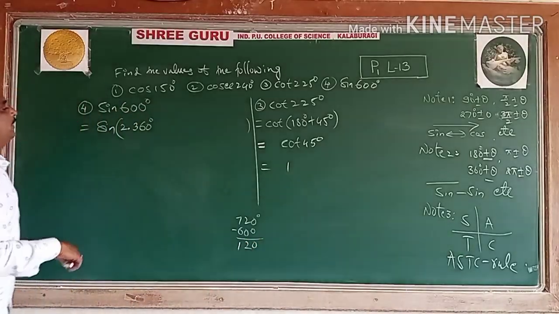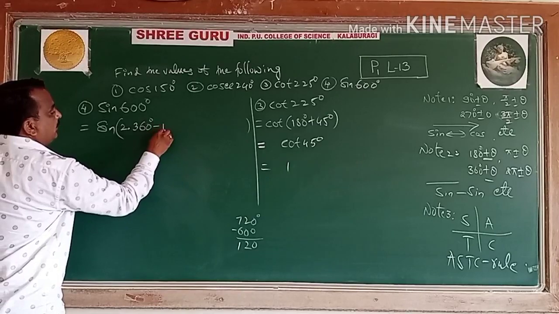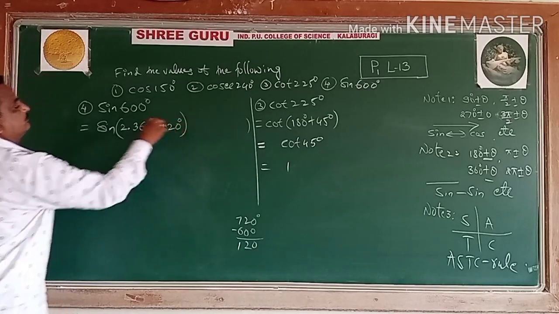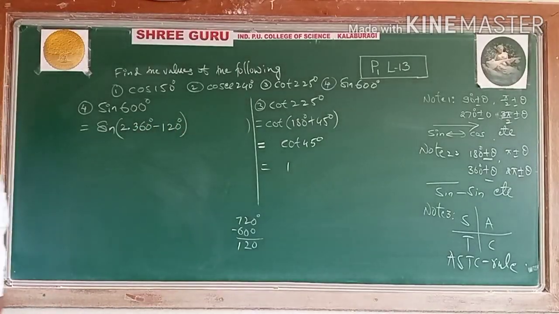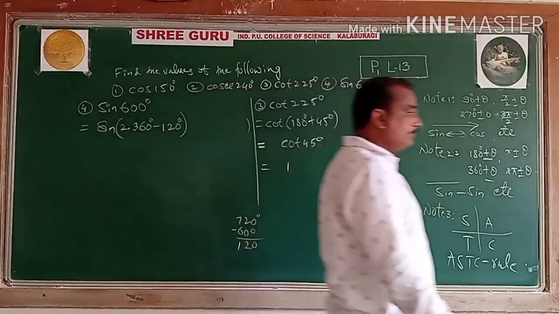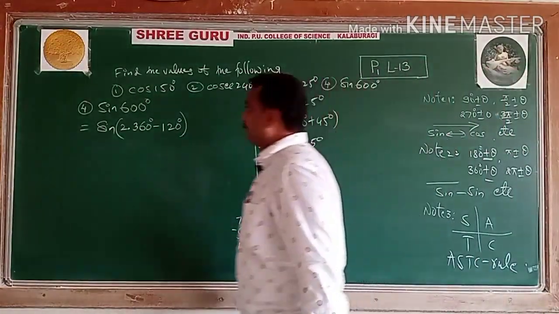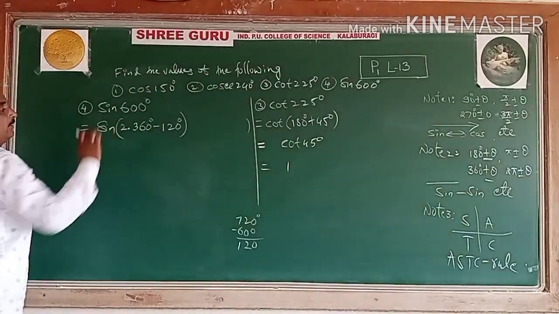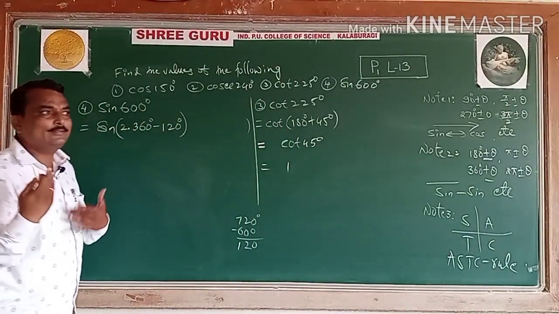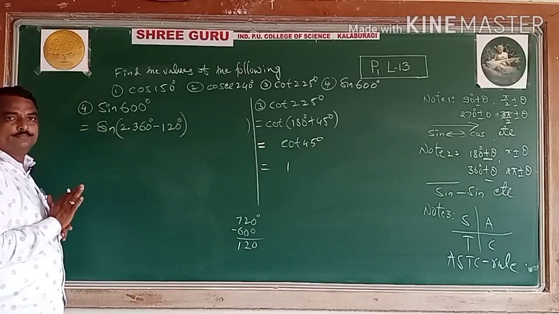Is it 120 degree, or do I have to take plus or minus? Minus 120 degree. Is it clear, all of you, the student? 2 times 360 minus 120, because you have to get 600. Or you may write it as 360 plus 240 also.